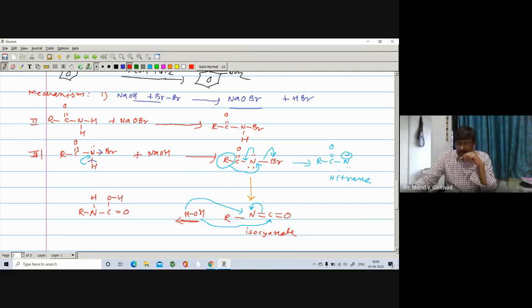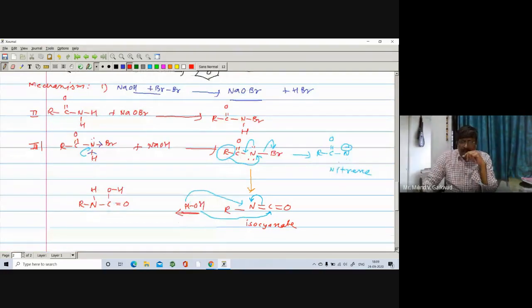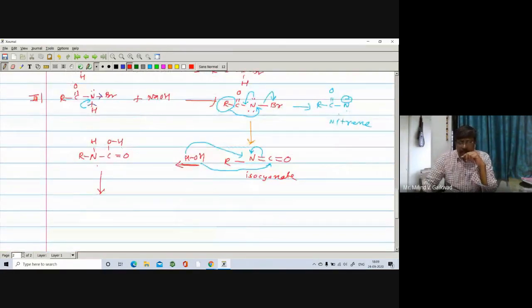And this will further undergo such a breaking. Nitrogen is more electronegative as compared to carbon. So again, the sigma bond will open on the nitrogen, nitrogen negative, carbon positive. So you have to neutralize this positive.